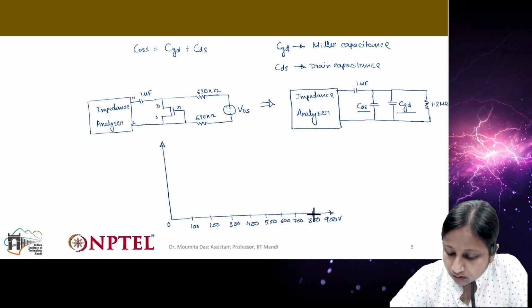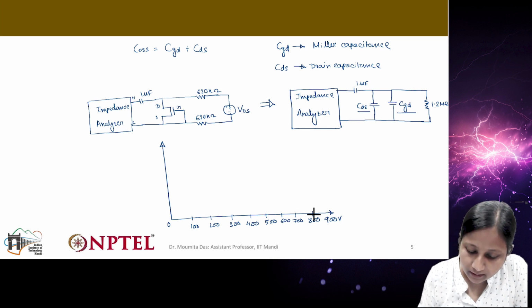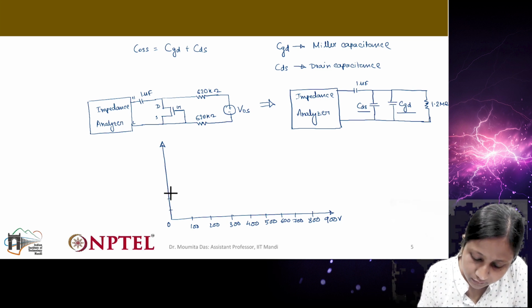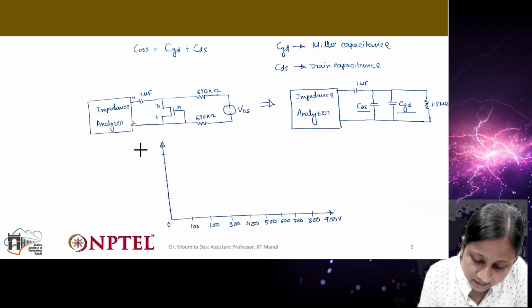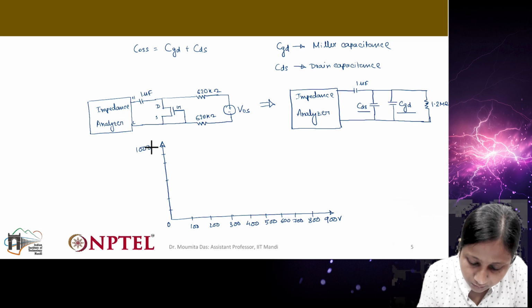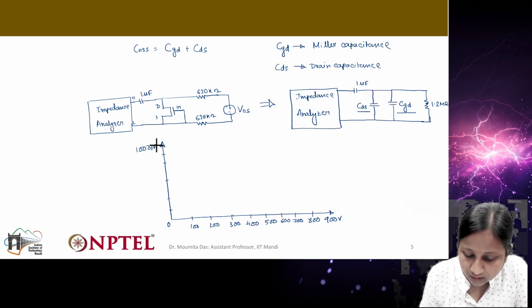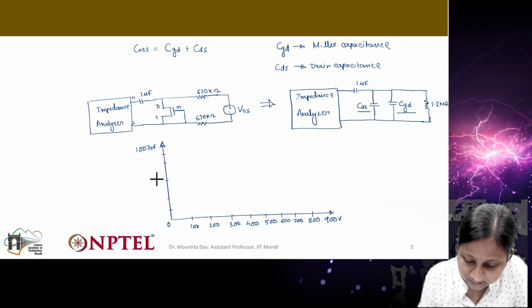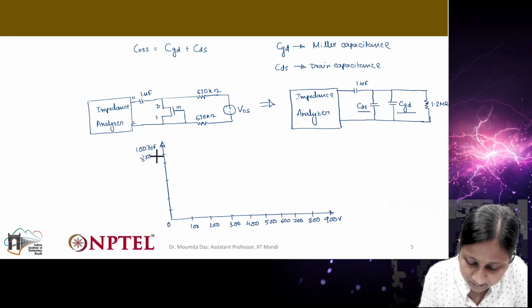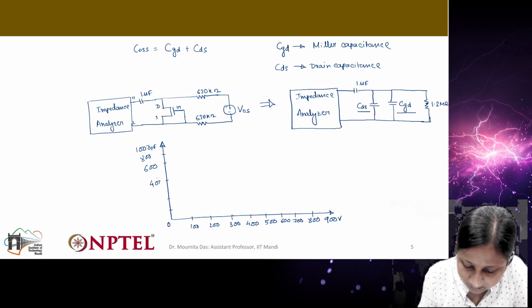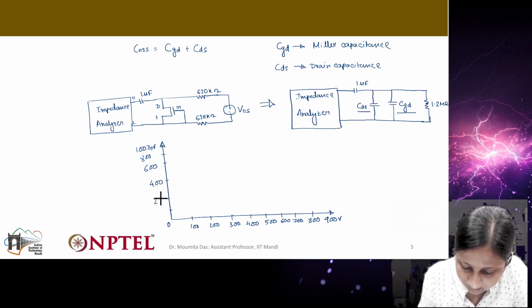Now let's say the maximum value of this parasitic capacitance is 1000 picofarad. Again it will be divided into, let's say, 800, then 600, then 400, then 200.